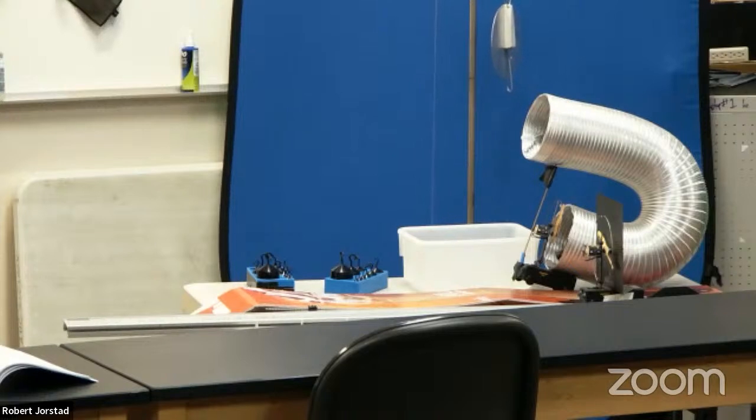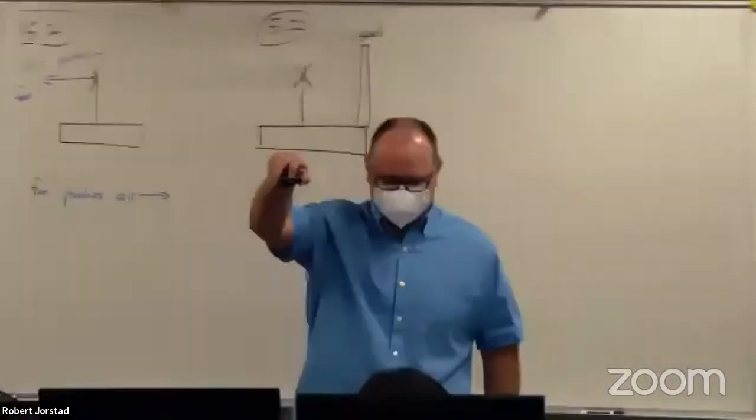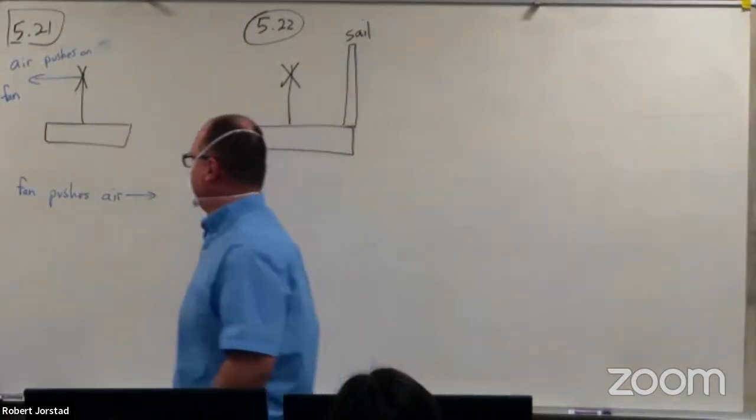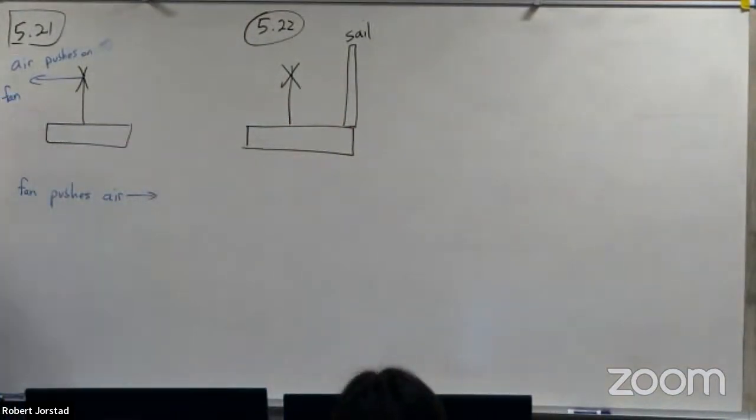All right, so let's take a look on the whiteboard here, and then we'll come back to the demo. Okay, so 521 was like this. We said the fan pushes the air this way, so the air pushes. Do you agree that force is still going to be there?